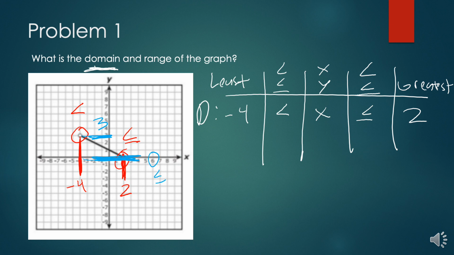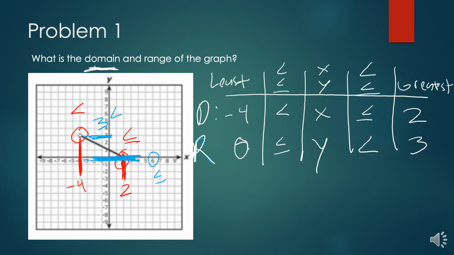I see an open dot here, so it's going to be a regular less than. So now I can write my range as my lowest number is 0 less than or equal to, because that one had the solid dot, y less than 3 is my greatest number, or my upper bound.